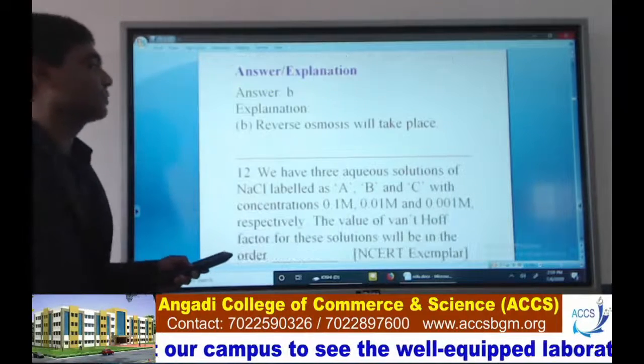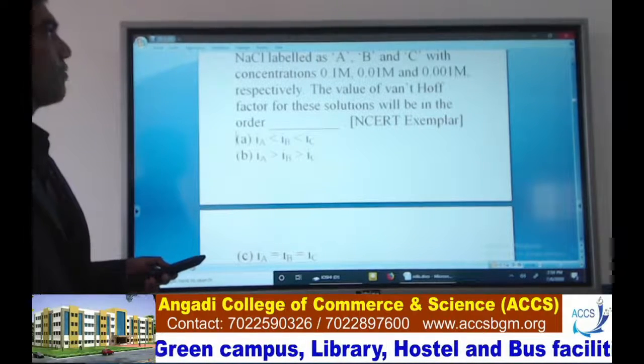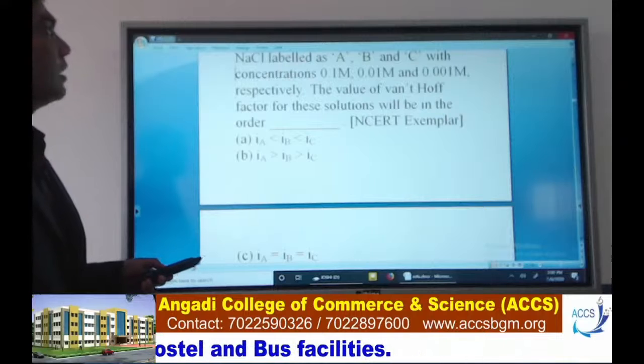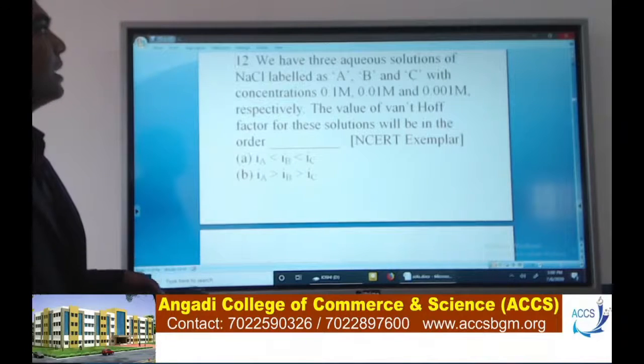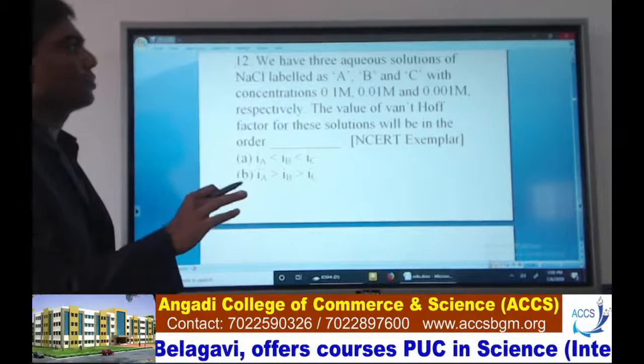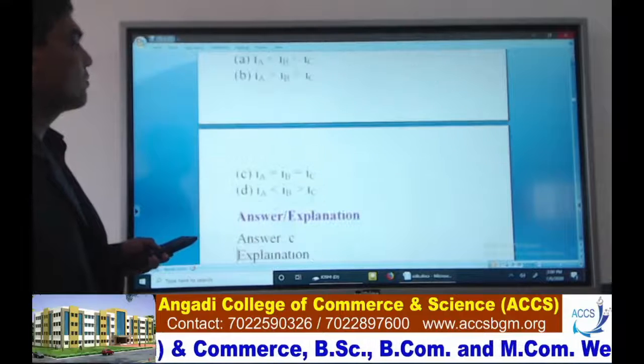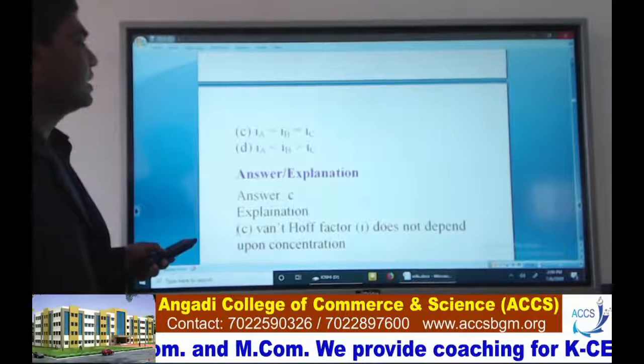Okay. Next question. We have three aqueous solutions of NaCl labeled as A, B and C with concentrations 0.1, 0.01 and 0.001. The value of Van 't Hoff factor for this is... okay.